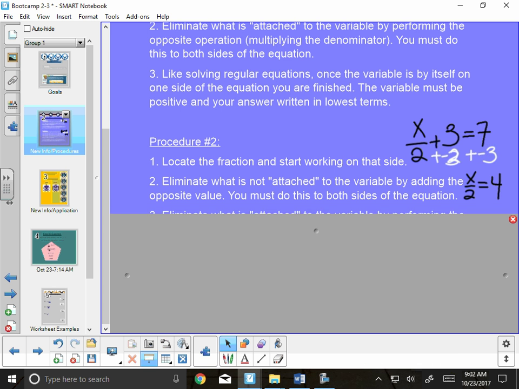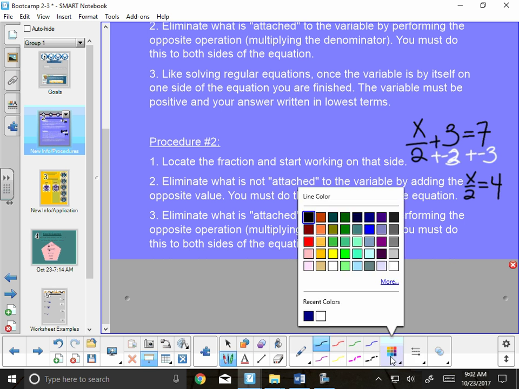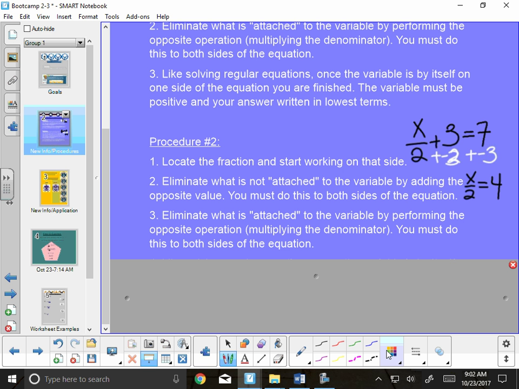From here, it's just like the first procedure. You're going to eliminate what is attached to the variable by performing the opposite operation, which again is multiplying by the denominator. You do that to both sides again. So multiply by 2, multiply by 2. We get x alone, which is exactly what we want. We always want to get that variable alone. And 4 times 2 is 8.